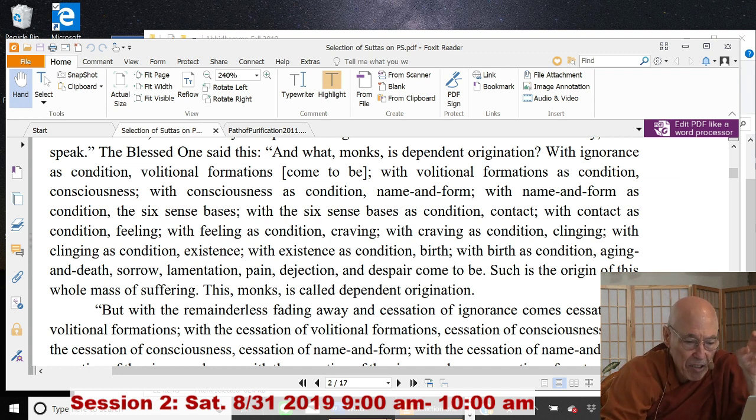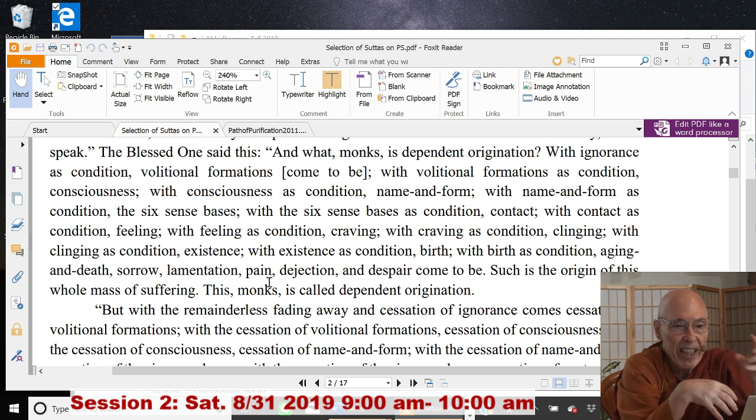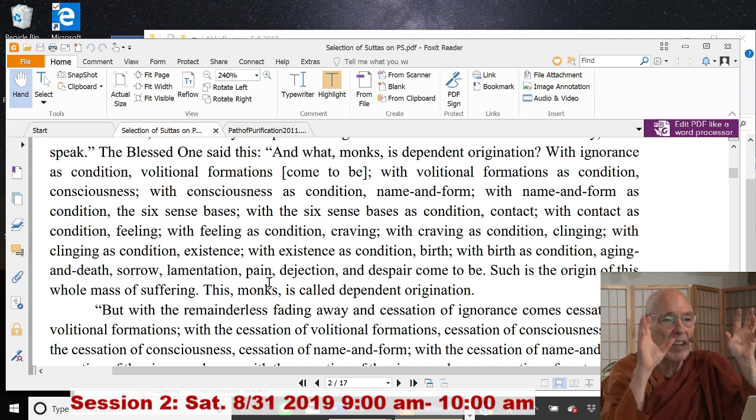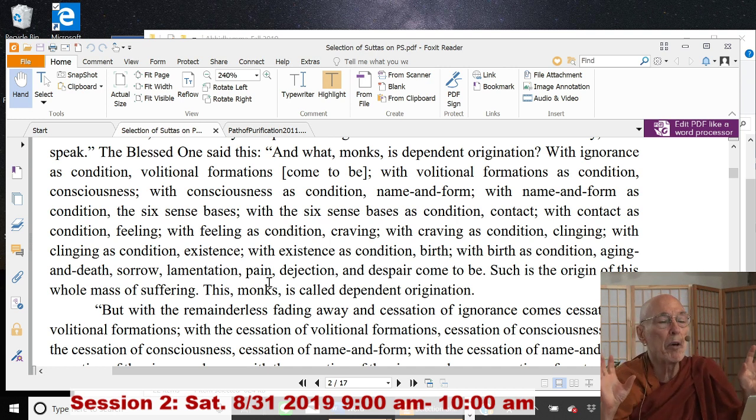When this craving intensifies, it gives rise to clinging. And conditioned by clinging, we engage in a new round of activities, volitional activities, karmic activities, activities that create karma with the potential to bring about a new existence.